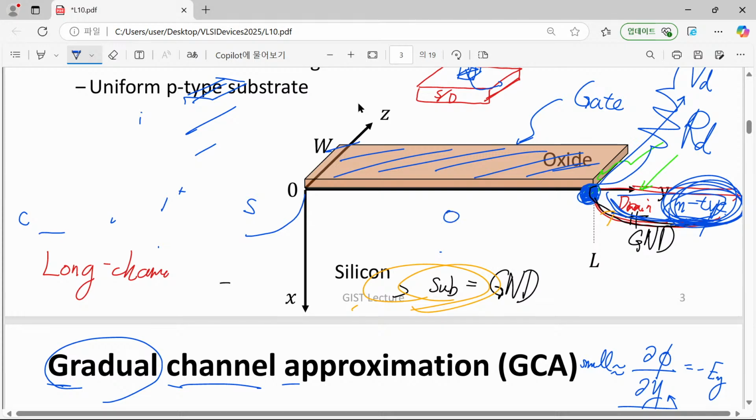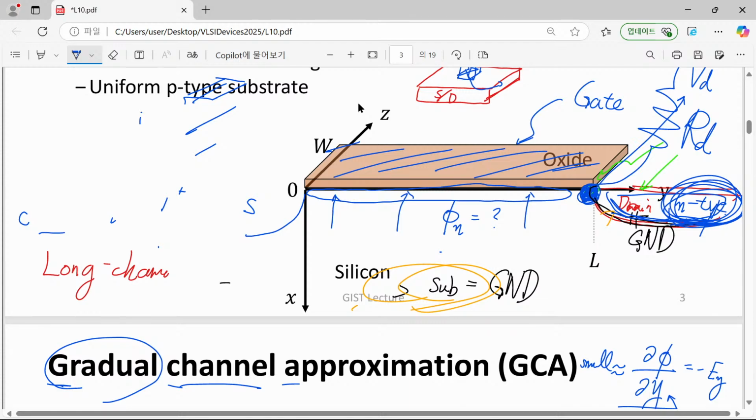More complicated one is, how about electron quasi-Fermi potential? Actually, if we... yes, here it is not that certain what happens to this position and that position, another position.